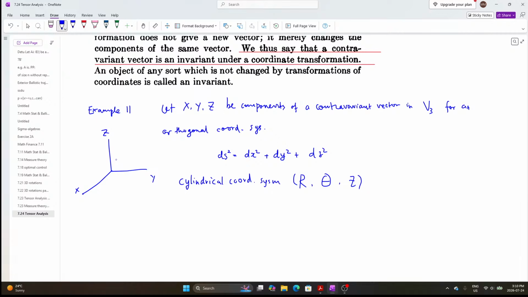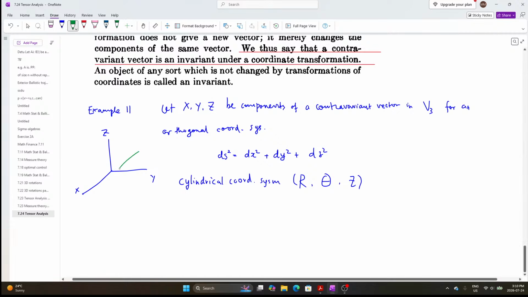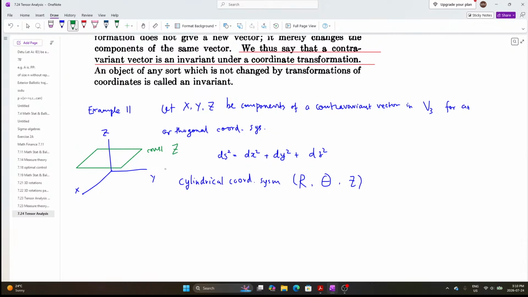If we are to draw the constant coordinate surfaces, what would that look like? Constant z would be a horizontal plane, like so. So this is constant z. What's constant r?